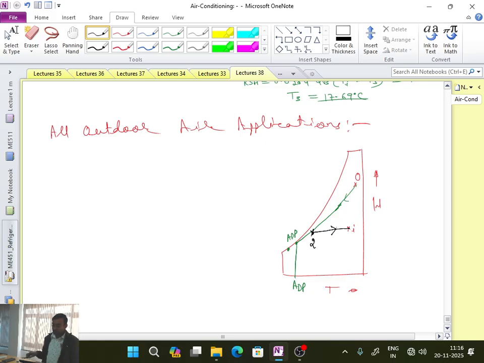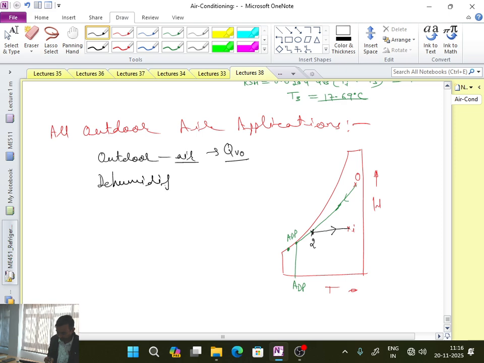Now from this particular point, we will be talking about two different quantities of air. One quantity of air is something which is called outdoor air. It means from point O, how much amount of air I have taken, that is QV0. And the second quantity of air I will be calling the dehumidified air.